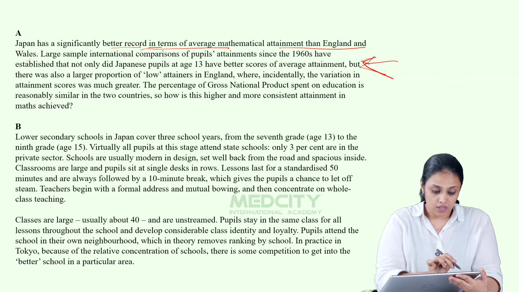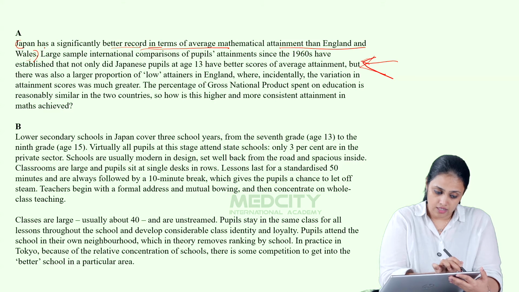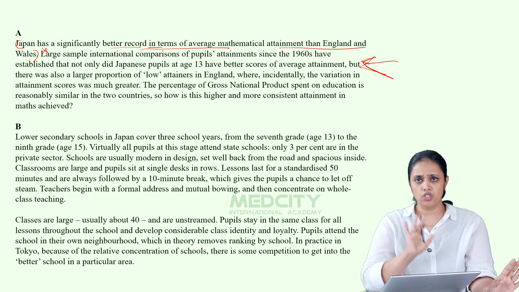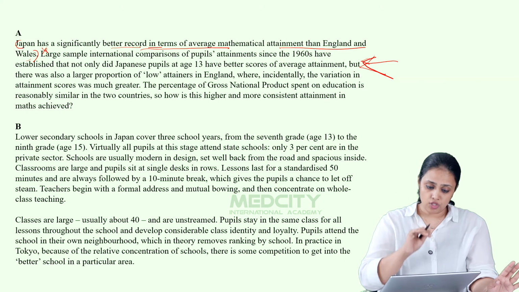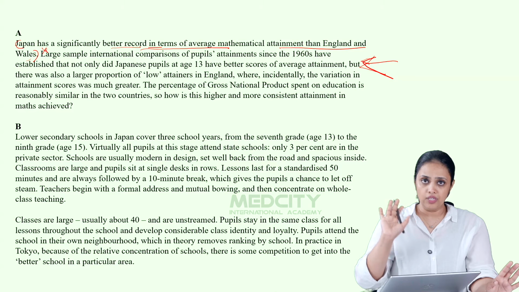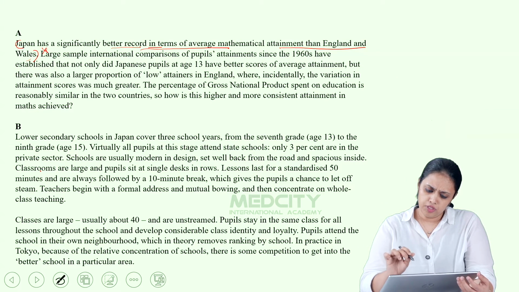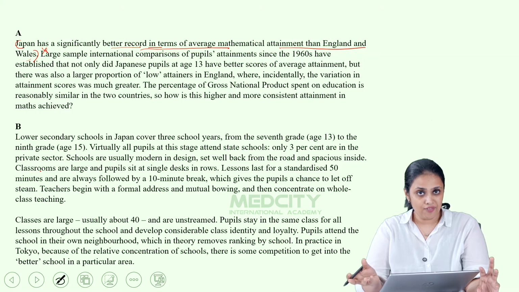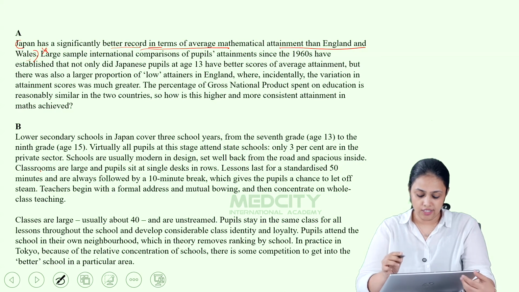Now let's see how clearly we can understand it from the passage. This sentence has no connection with the given statement. This just says that the average math scores of the students in Japan are higher when compared to England. Let me show you just an example, so that the difference between the average and the range is clear to you.